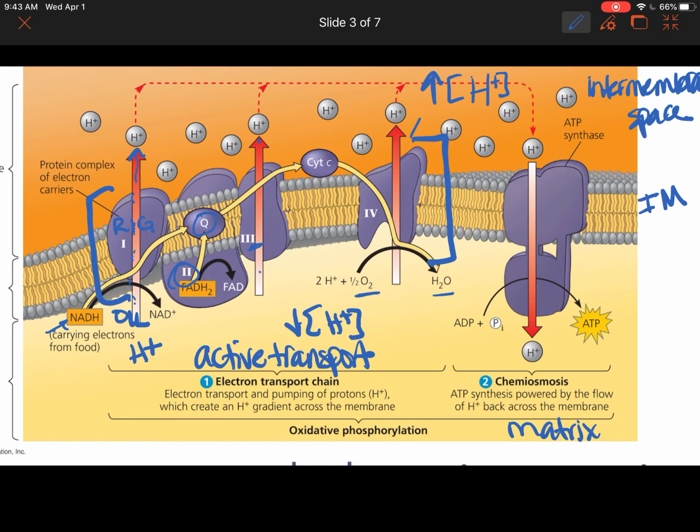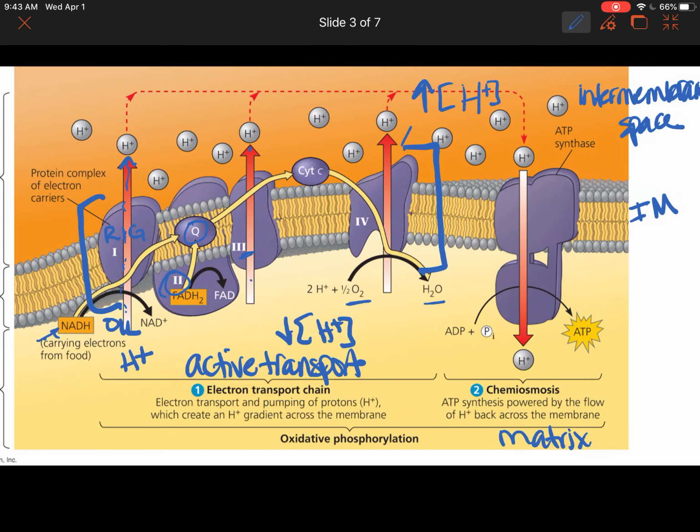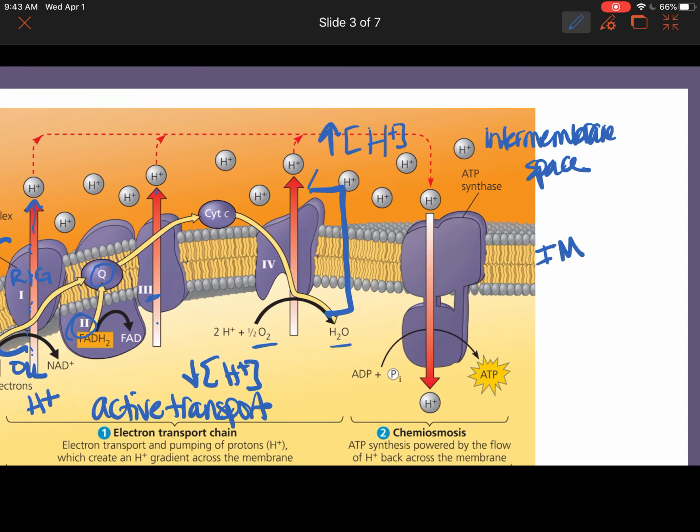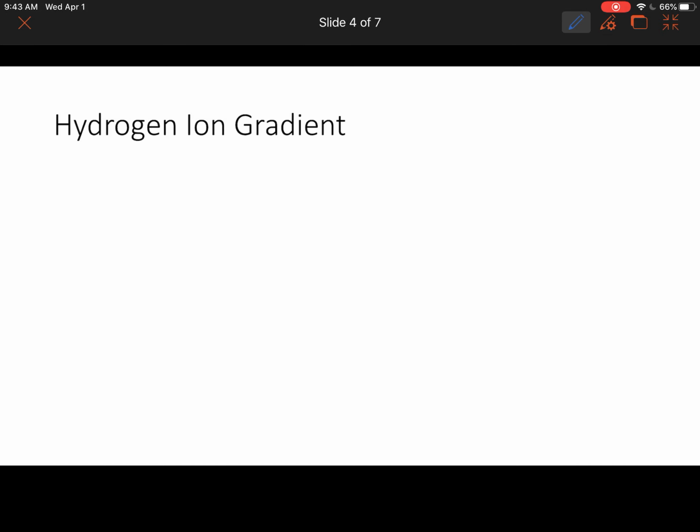So at the end of the electron transport chain, we have generated a hydrogen ion gradient. Okay? Remember that ion gradients are sources of potential energy. Okay?